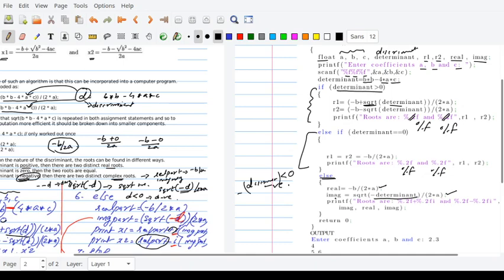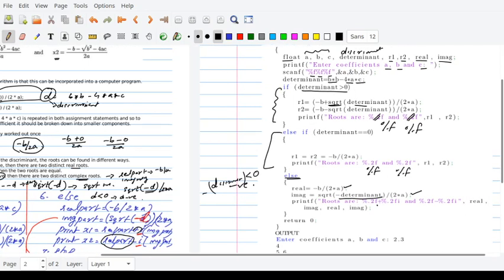So these are the real and imaginary parts. There is no way to compute the value of i, etc. So what you will do, you will just print the root. Roots are %f plus %fi, and %f minus %fi.